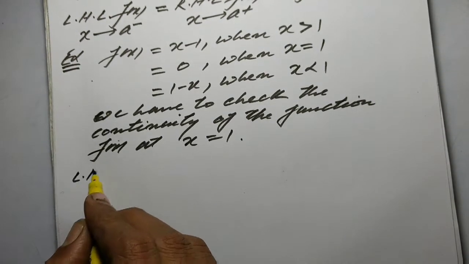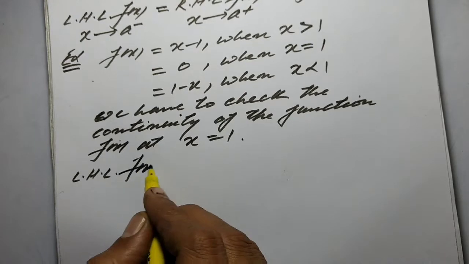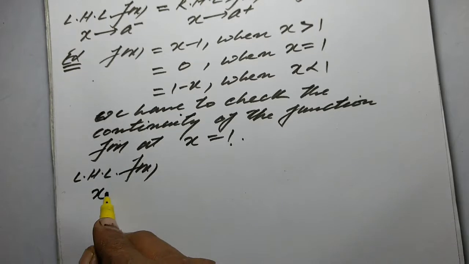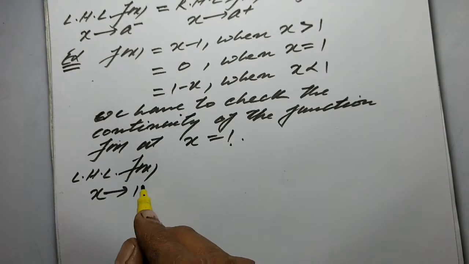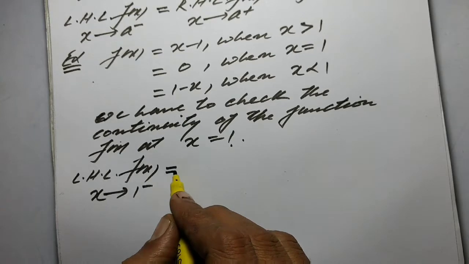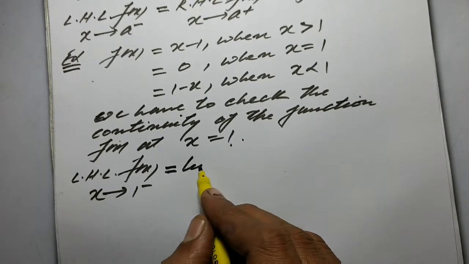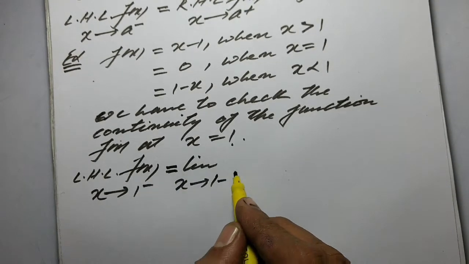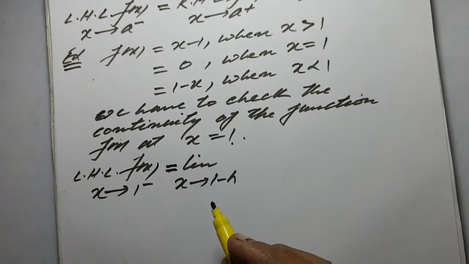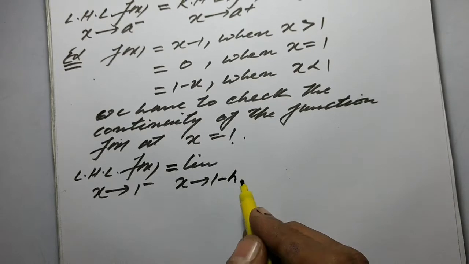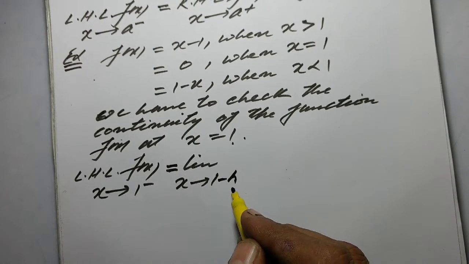So first, left hand limit of f(x), and here a is 1, that is the point at which we have to check the continuity. So x tends to 1 negative. Symbolically, it is written as LHL f(x) when x tends to 1 negative, and to evaluate it, the algorithm is we write limit x tends to 1 minus h. Here h is a symbolic letter which stands for a value very close to 0, very small.